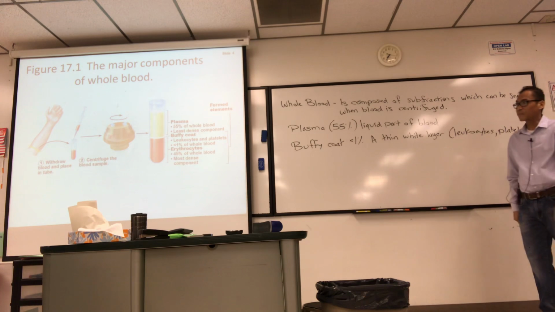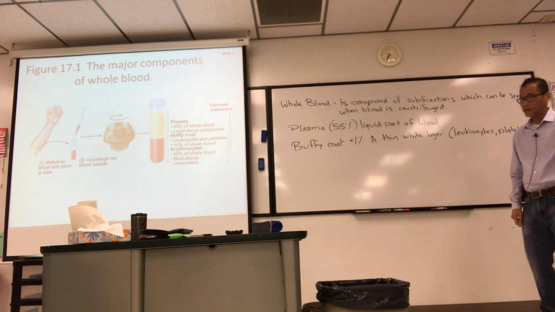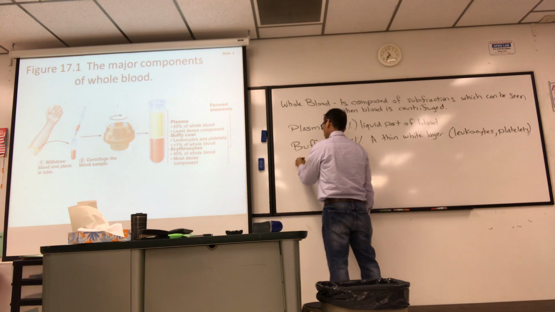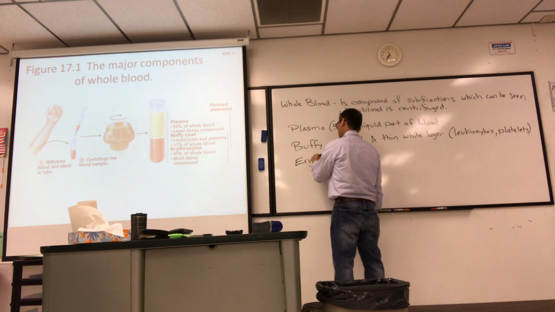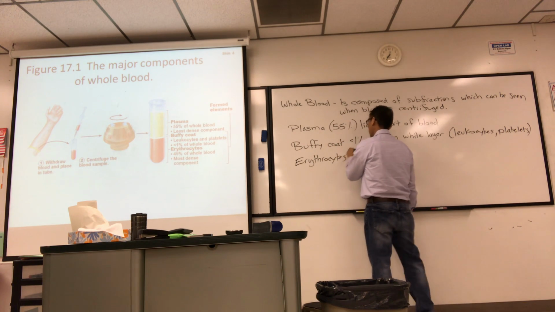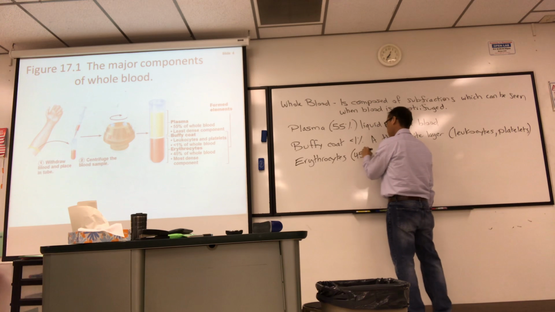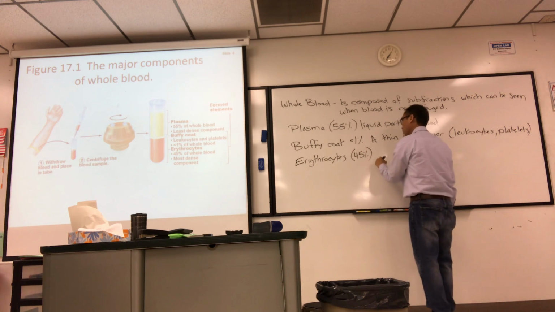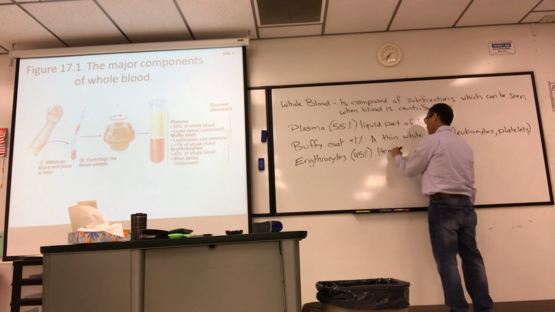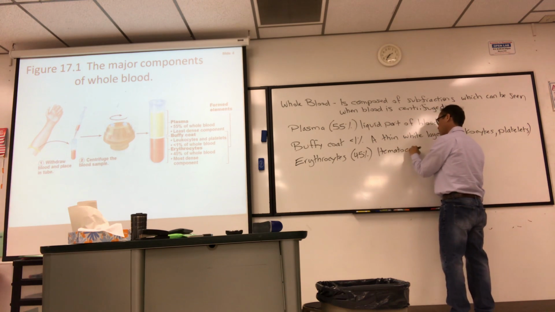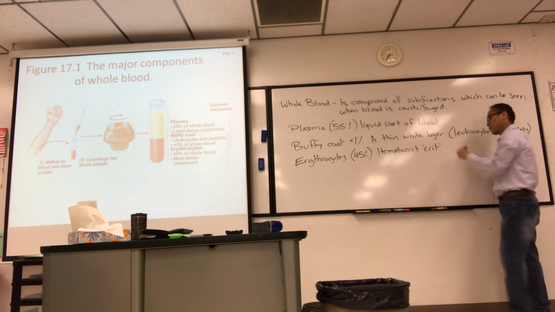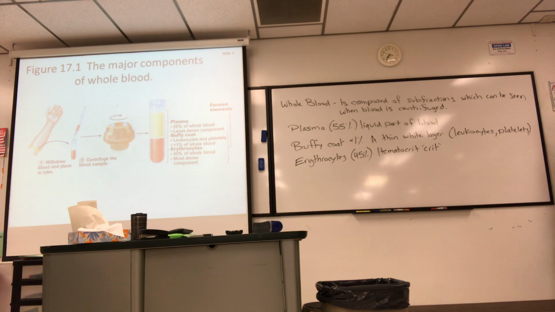And spun down on the bottom, the red hematocrit, are the erythrocytes, which is about 45% of blood, sometimes called the hematocrit. Erythrocytes are the red blood cells.